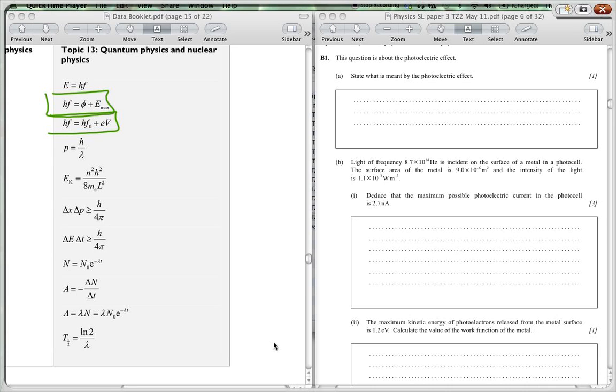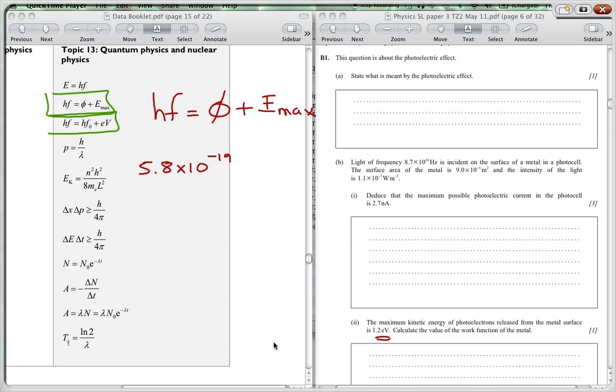We have that hf is equal to phi plus E max. Now our E max is equal to 1.2 eV. So I'm actually going to have to convert everything into eV. Remember, we already calculated that the energy of one photon, the hf over here, was equal to 5.8 times 10 to the negative 19 joules.